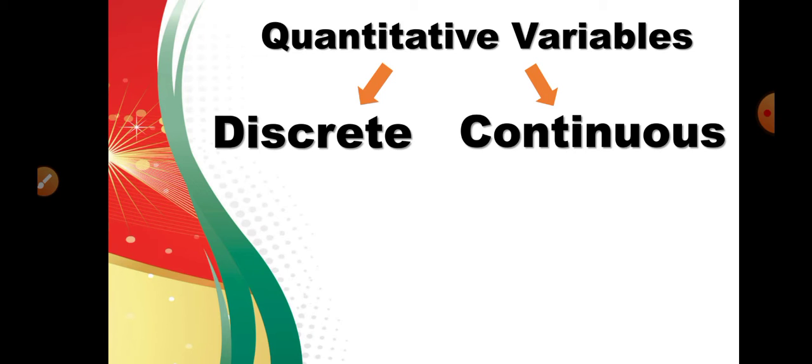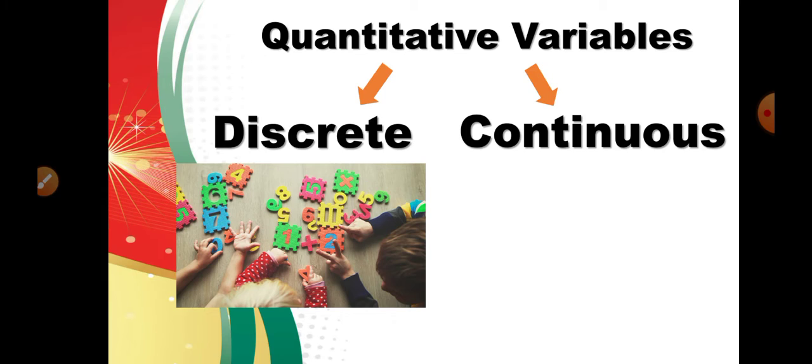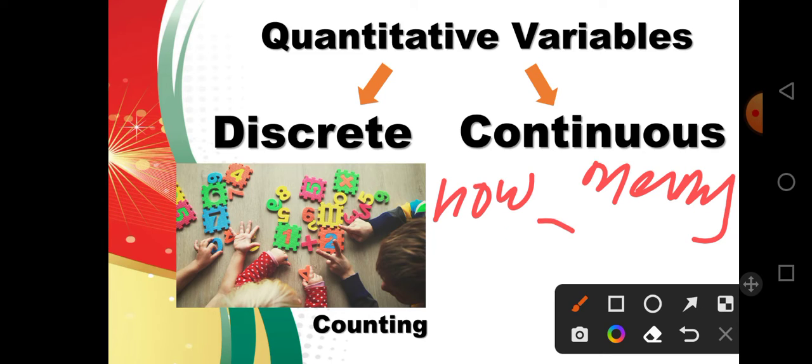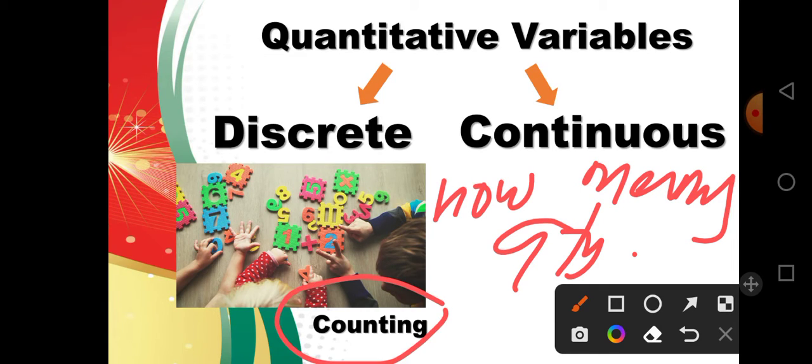Discrete quantitative variables are those variables that can be obtained through the process of counting. For example, you are asked, how many balls are there in the field? The question, how many, pertains to a quantity that can be easily obtained through the method of counting.